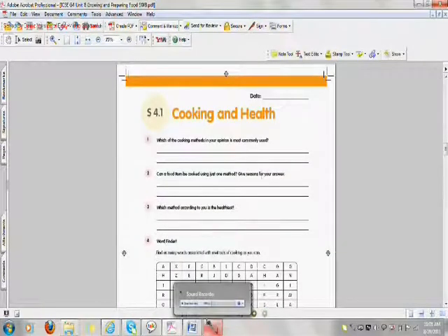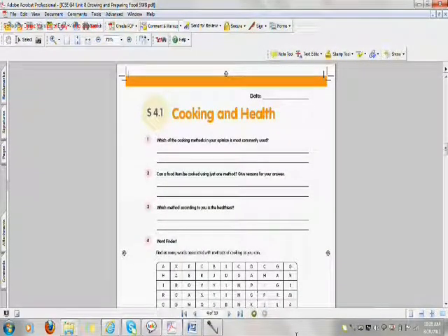In this worksheet, question 3 says, which method according to you is the healthiest? Here, students have been taught different methods of cooking. So they may choose whichever method they think is the healthiest and will give reasons for the same. Now let's look at the answer guide.